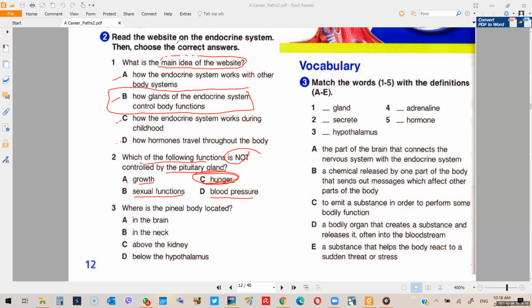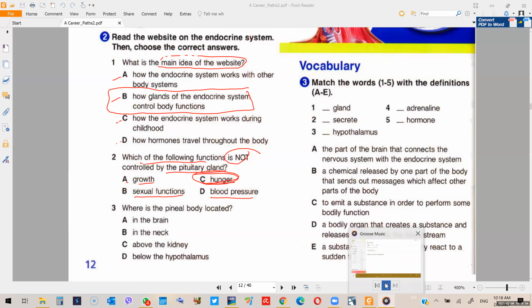Okay, now we go to number 3. Thyroid gland. The thyroid gland, in the neck below the Adam's apple, controls how quickly the body uses energy and makes proteins. Pineal body.